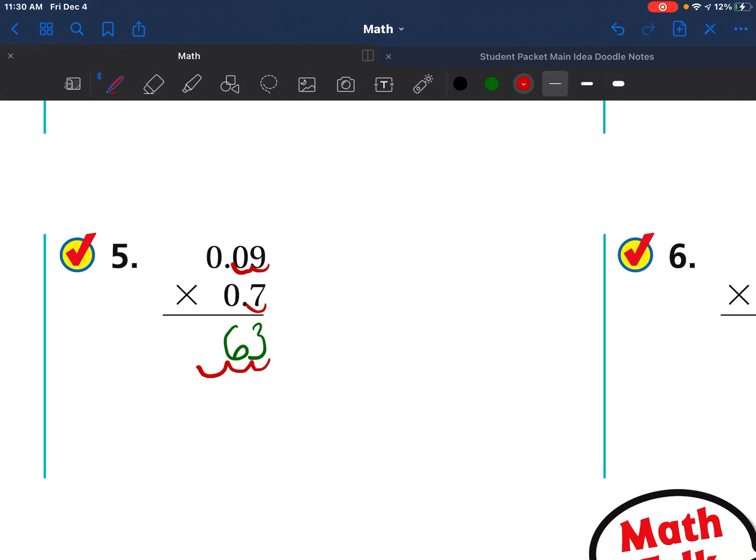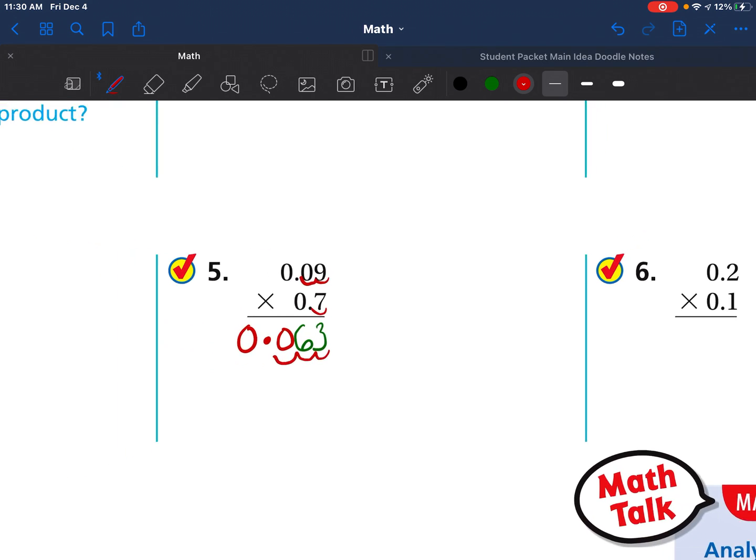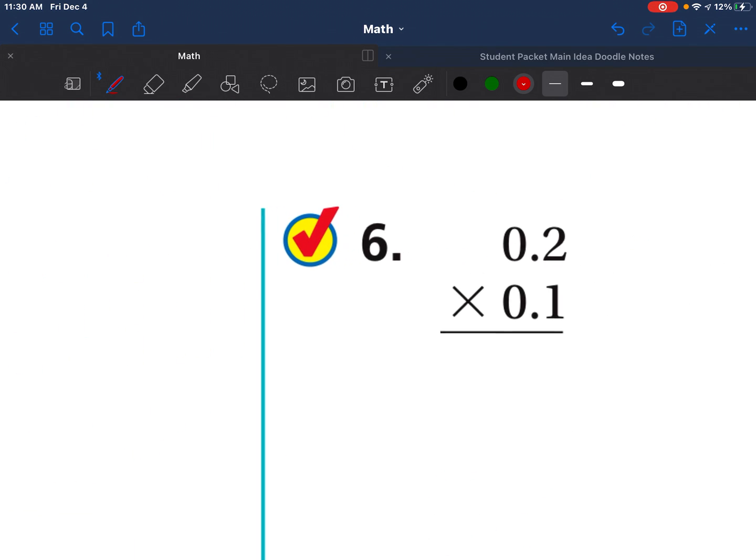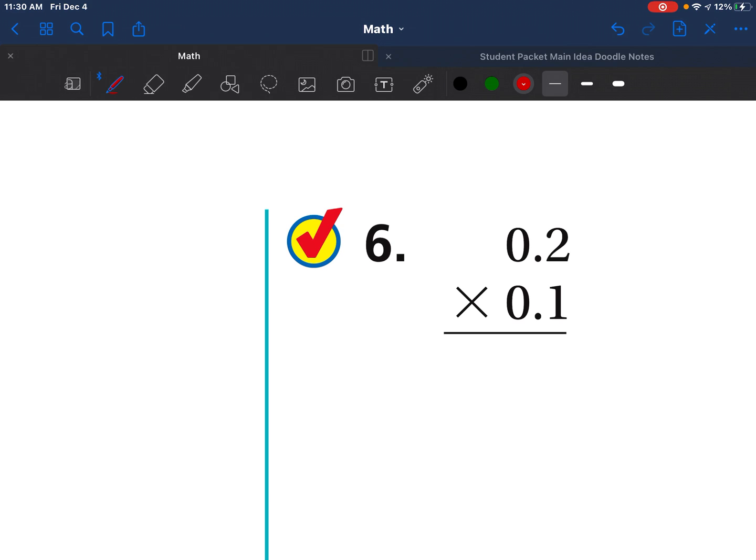So I go 1, 2, 3, fill in my gaps, and my answer is 63 thousandths. One times 2 is 2. I have 2 decimal places, so I'm going to go 1, 2, add my placeholder 0. My answer is 2 hundredths.